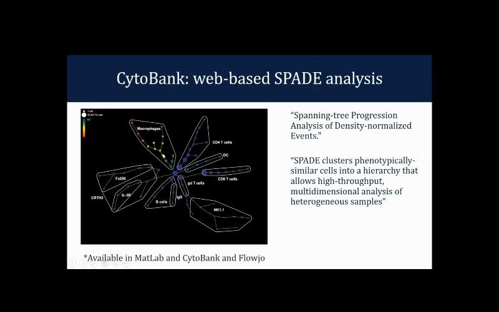The color here represents the expression of a given marker, the nodes themselves represent cell populations, and the size of the node represents the number of cells within that population. So really useful, and you can compare the SPADE trees from one sample to another. It gives you a really nice way of catching differences that exist in populations that this pulls out.